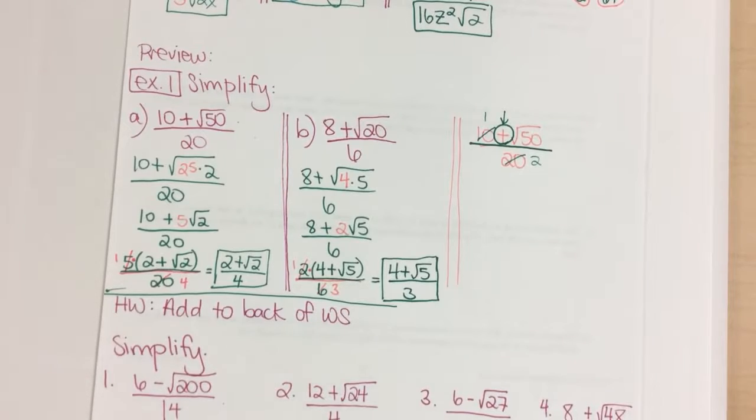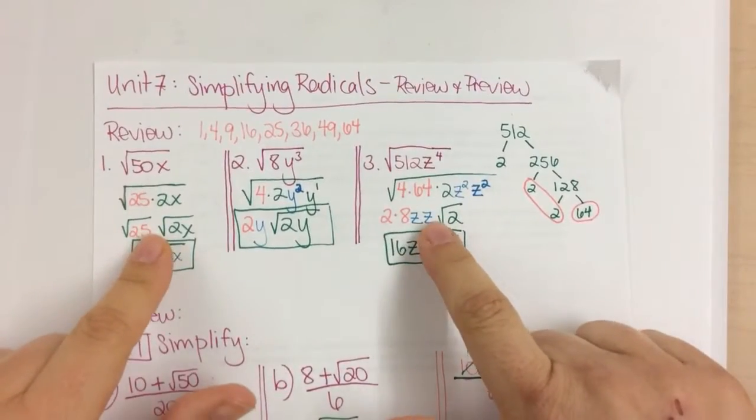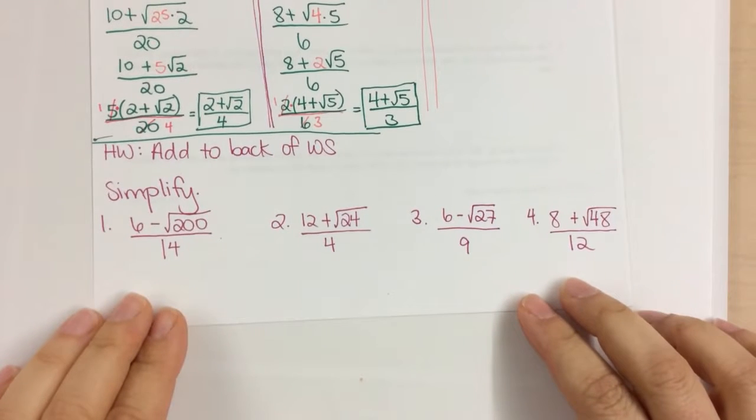Okay? All right, so we're going to see this tomorrow, actually at the end of the problems that we're doing. So I'm just giving you a little bit of a preview because those problems are a little bit long, and I don't want to teach everything all in the same day. So you have, or you will have in a minute, a worksheet with a bunch of review of simplifying radicals, and we're going to add these 4 problems onto the back.